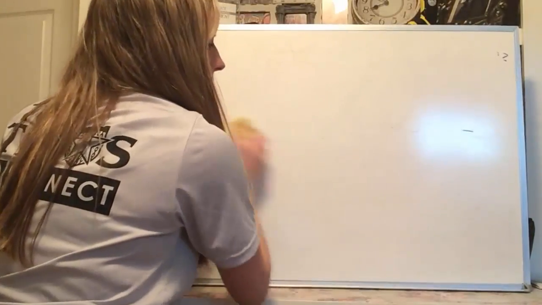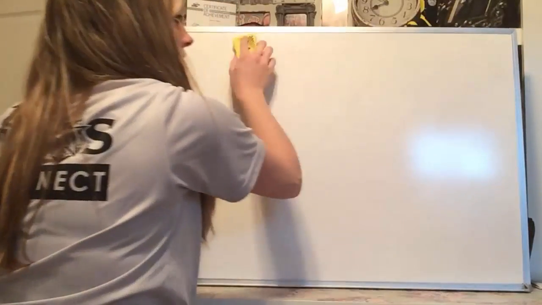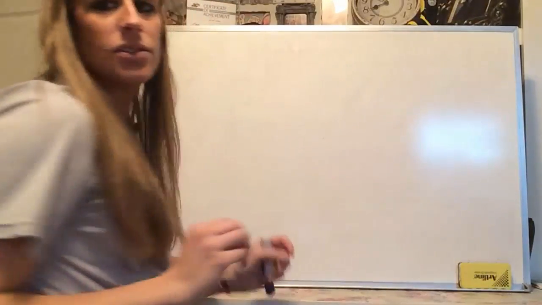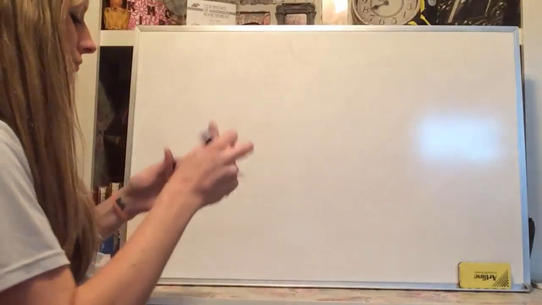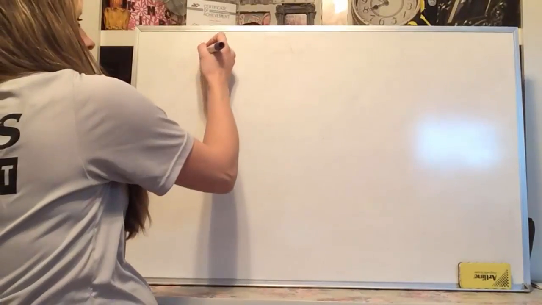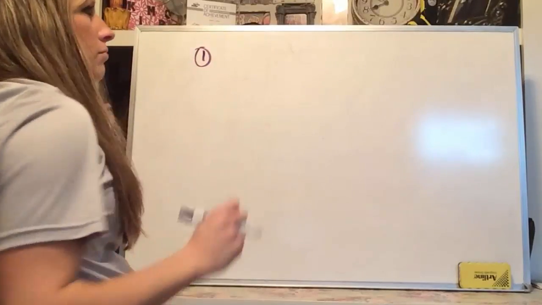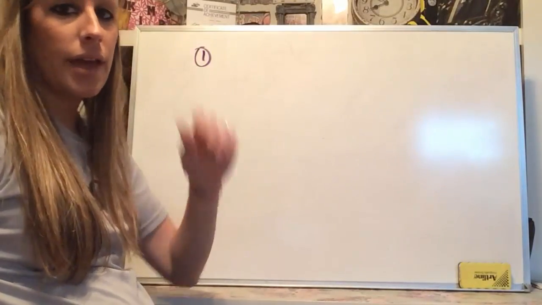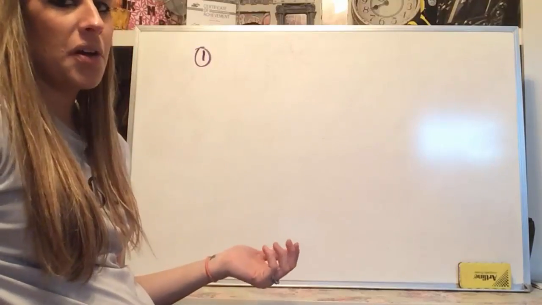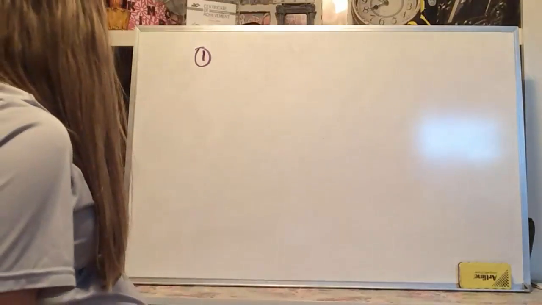So here's the thing. If we're talking about quadratics, it has to have an x squared somewhere. That's how you can tell if it's quadratics or not. So on number 1, well, on all quadratics, make sure you have that squared, okay? Or else, I mean, it's not quadratic. You won't get a parabola.